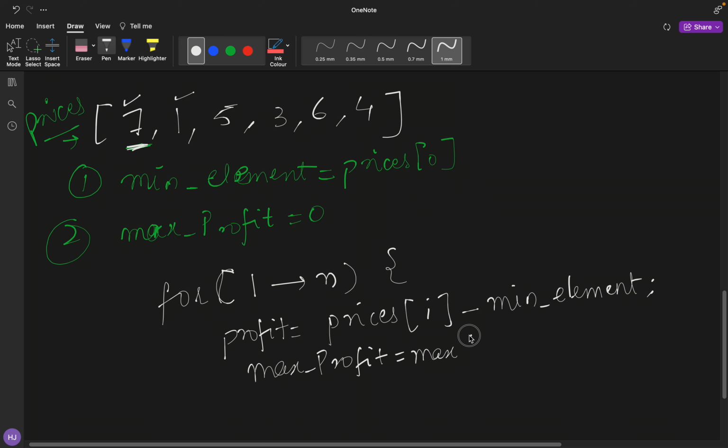So I will simply compare it with my max profit. And if my max profit remains the same as the previous one, I will check for each and every element whether it's the minimum element that I have encountered till now, the lowest minimum or not.